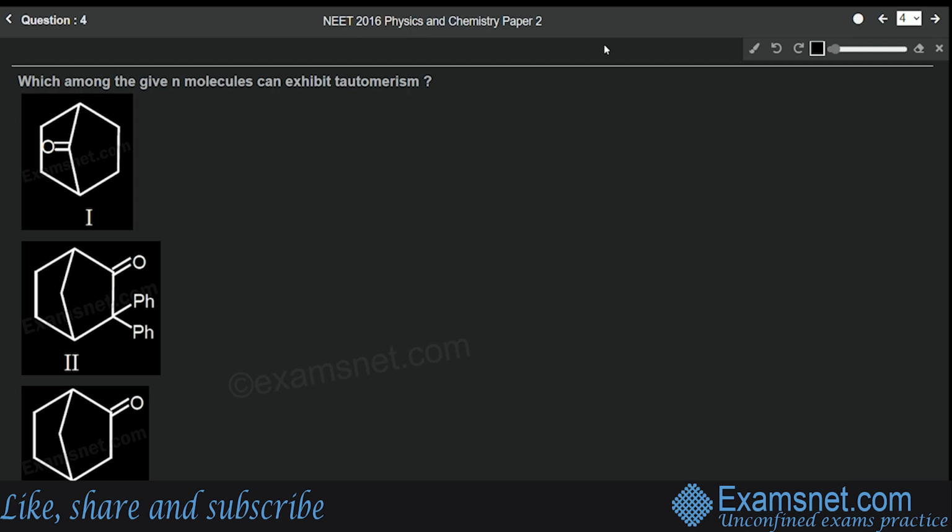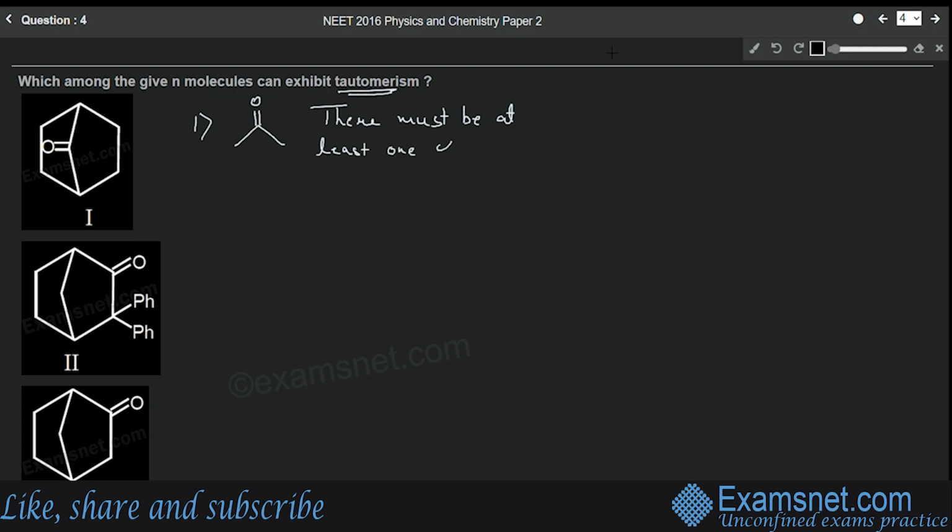Now question number 4 is from the chapter Organic Chemistry, some basic principles and techniques. And the question is, which among the given molecules can exhibit tautomerism? We know that in tautomerism two forms are involved. One is keto form and the other is enol form. The thing that we have to remember here is that in keto form, there must be at least one alpha hydrogen.